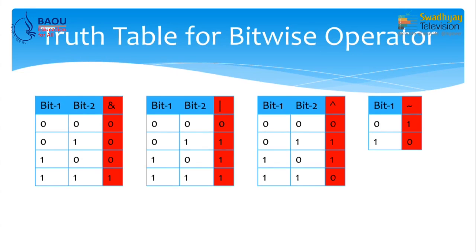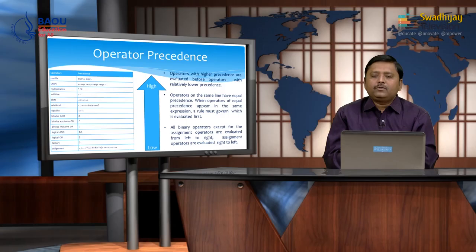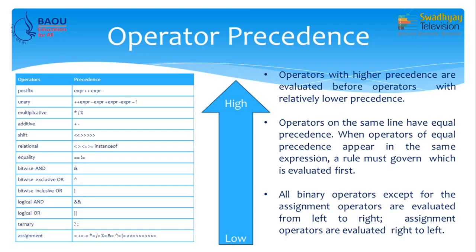Now, we discuss different types of operator precedence. In any expression or formula, we use many operators at a time. So, which operator will be evaluated first? For that, Java defines operator precedence. Operator precedence defines which operator will be evaluated first.